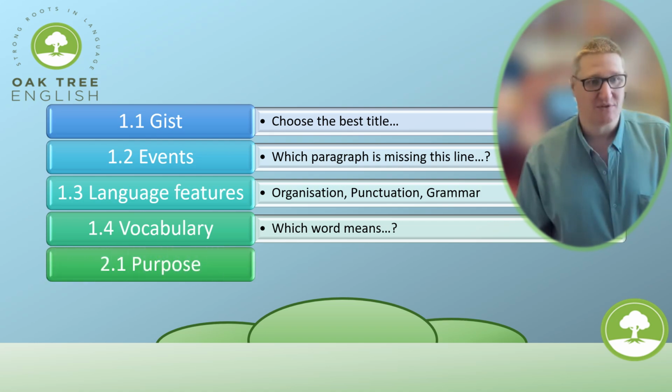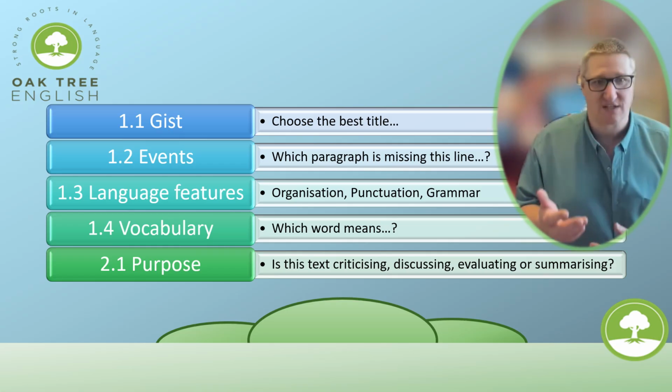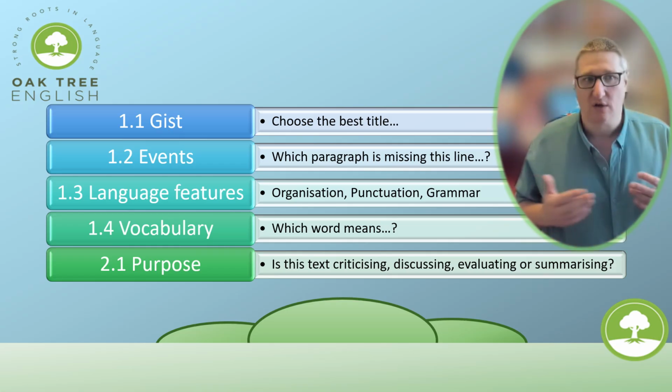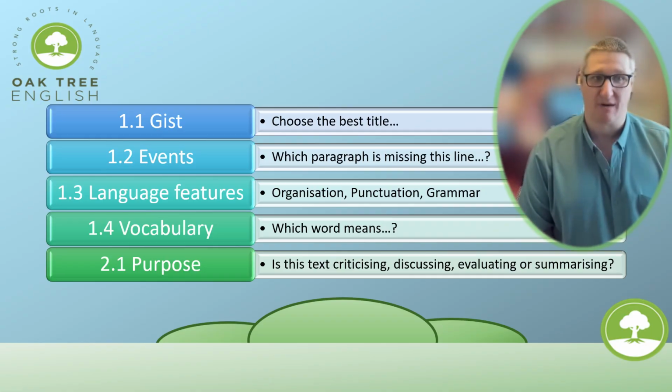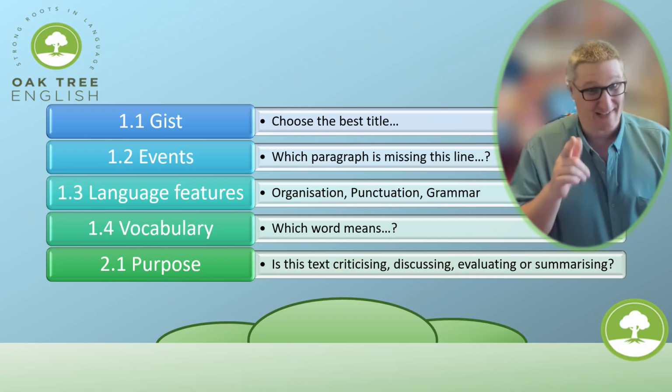Next we go to 2.1. Identify the purpose of a text. This will be tested by asking whether a text is there to criticize or discuss or evaluate or summarize or warn, or other related verbs from Bloom's taxonomy. Google it and thank me later.